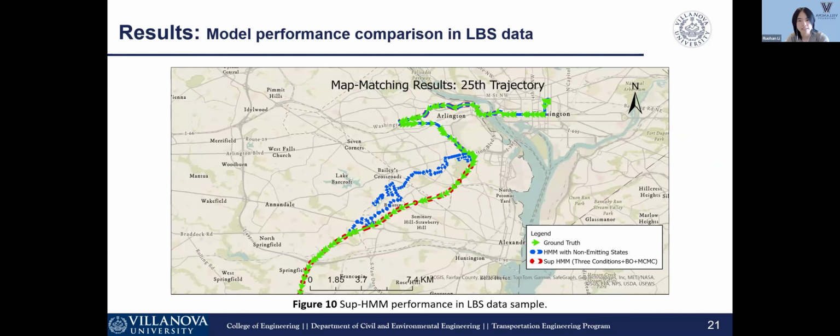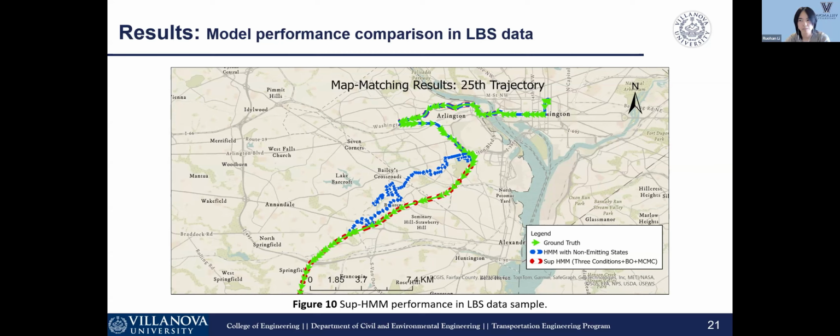Here we show a visualization of the matched trajectory from LBS data. We compare the ground truth with the result from the HMM model with a non-emission state, which is our benchmark, and our Sup-HMM model. We can see that the non-emission state model, shown in blue trajectories, takes some roundabout detours in middle sections, especially in areas with non-highway roads and ramps.